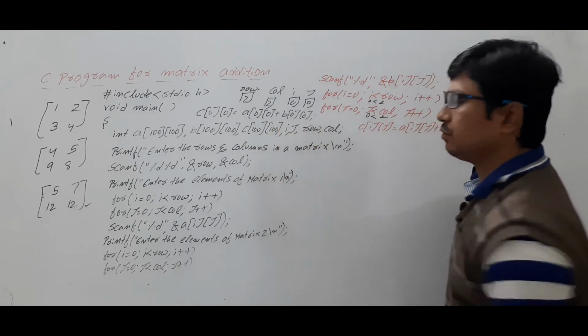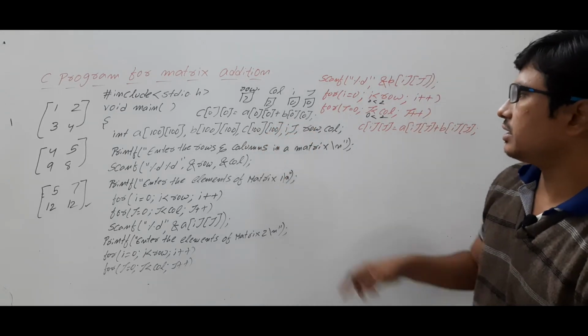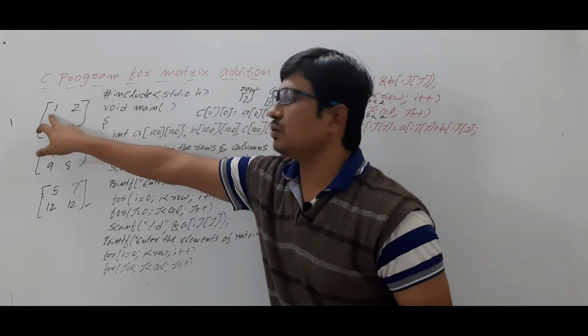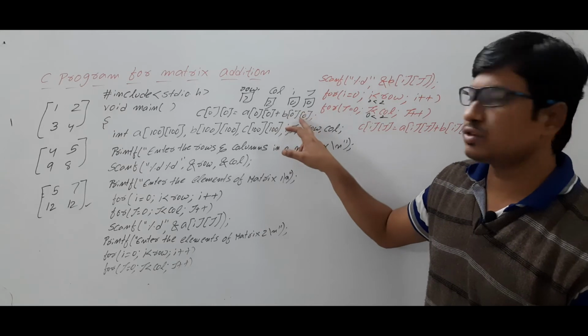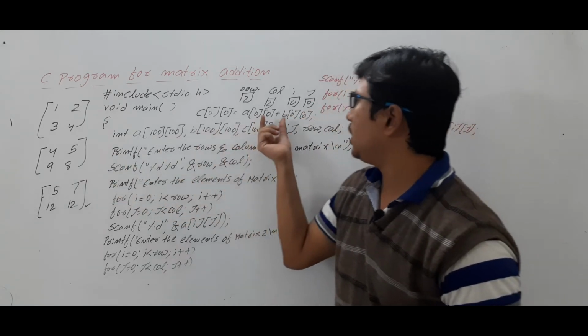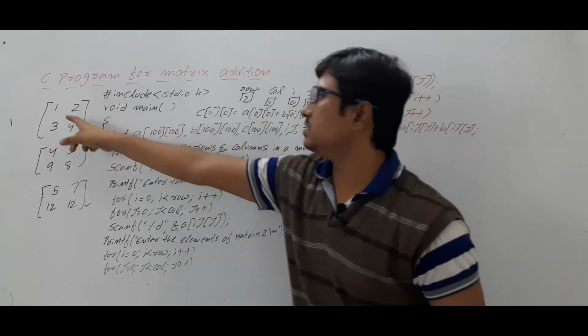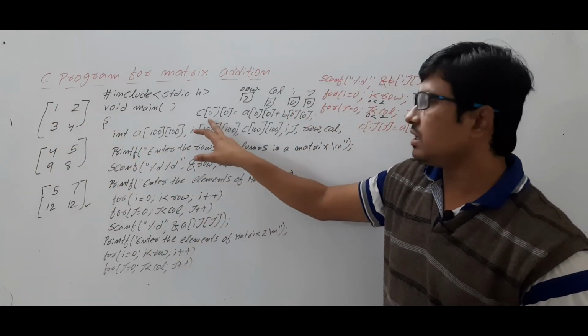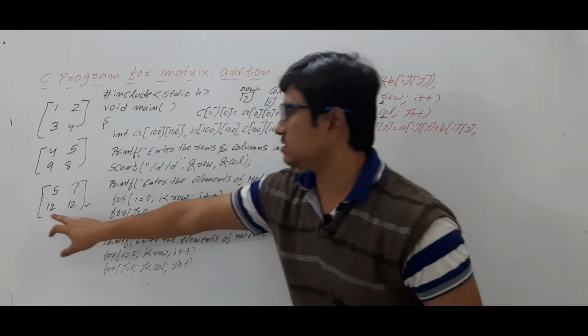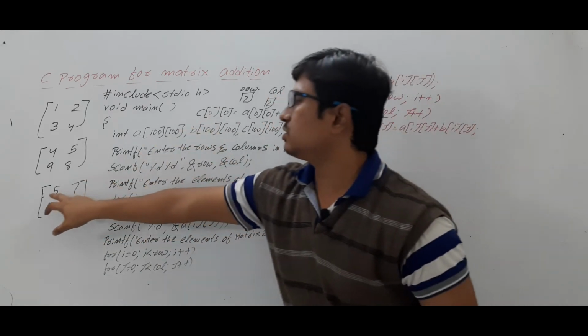What is the meaning? You are taking the first row first element in the matrix A and the first row first column of the matrix B, and you are performing the addition. So in this case 1 plus 4, you are performing the addition and storing the result in matrix C in the first row and first column.